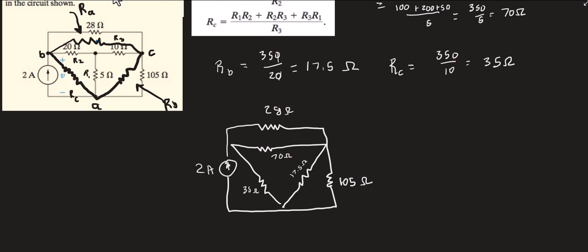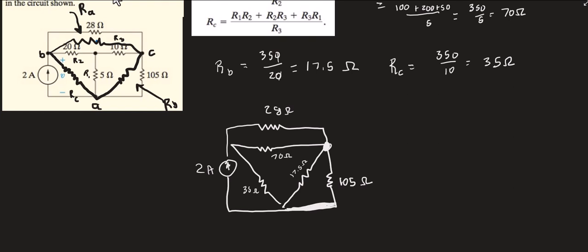Okay, so now we can see a couple things that if you look carefully enough. If you look at this end of the 17.5 ohm resistor and the 105 ohm resistor, and this end right here, those are connected.